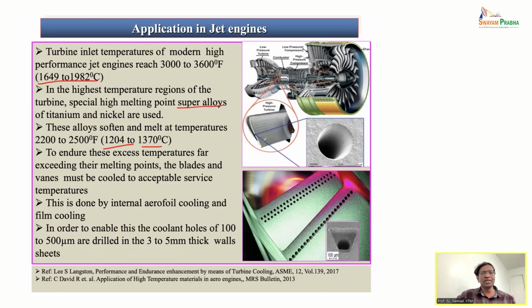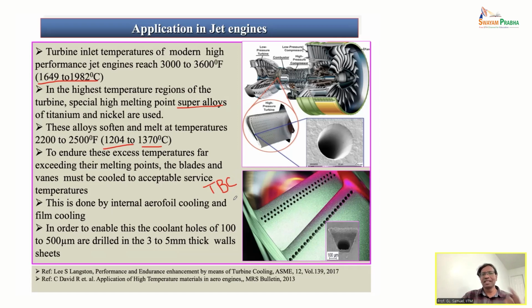The first one is that they coat the turbine blade with what is called TBC, thermal barrier coating. It will be mostly a ceramic kind of coating, where the heat will not go to the metal, but the coating will absorb the heat and not allow it to get transmitted to the blade.